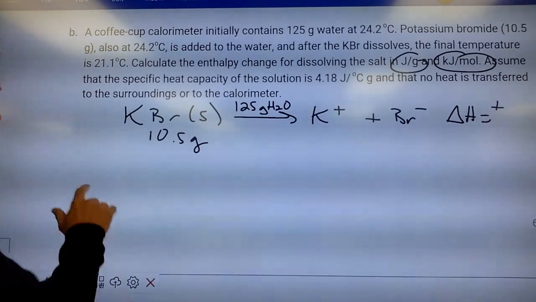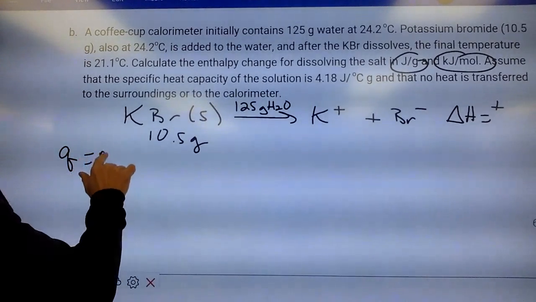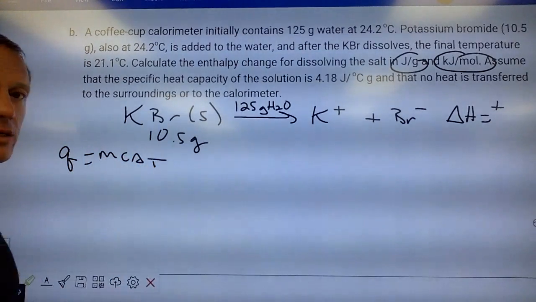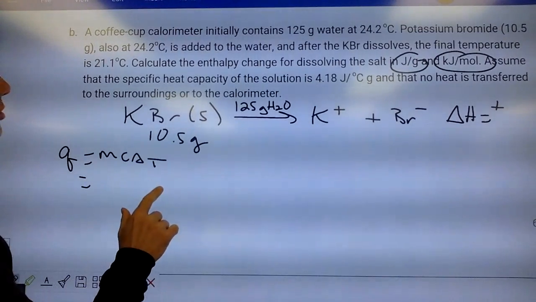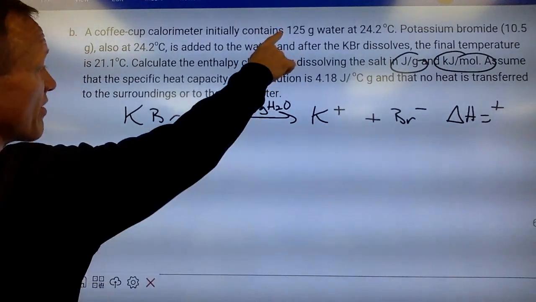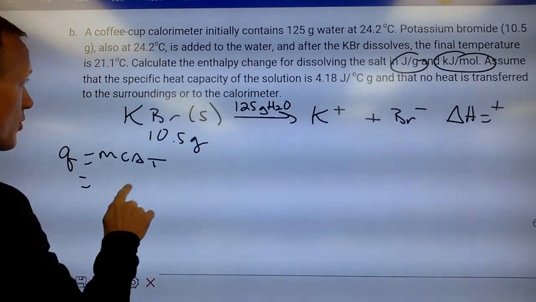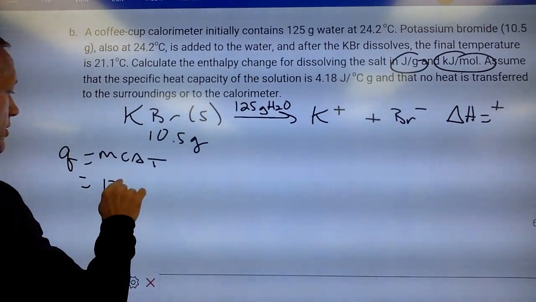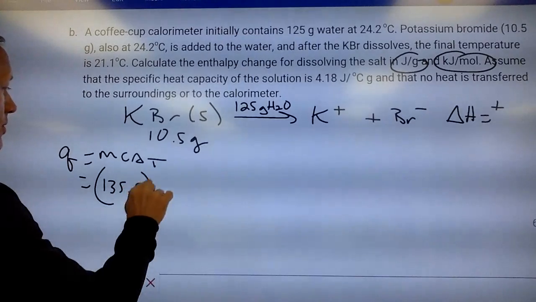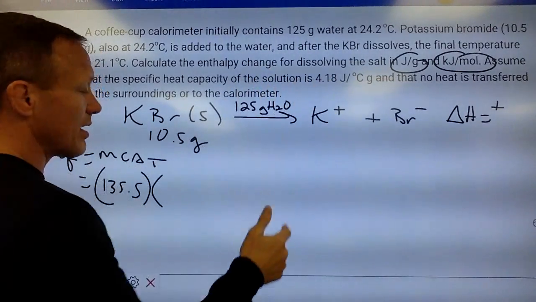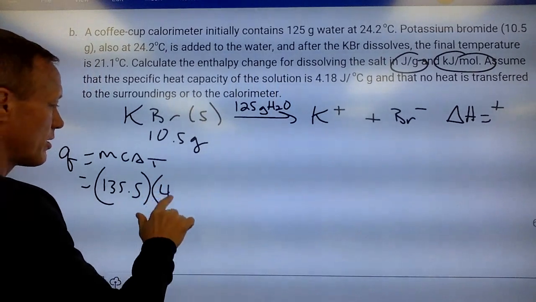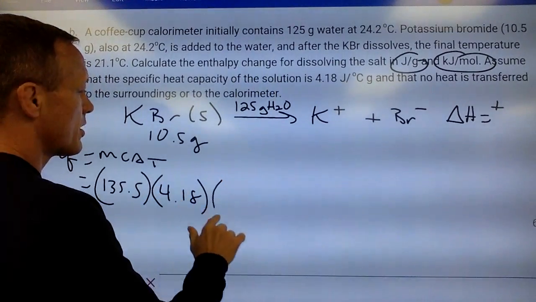So let's do a little Q equals MC delta T. Our mass would need to be our total solution mass, so 125 plus the 10.5, so 135.5 grams. Specific heat of the solution is 4.18. A lot of times they'll make it 4.2, but it states 4.18 here.